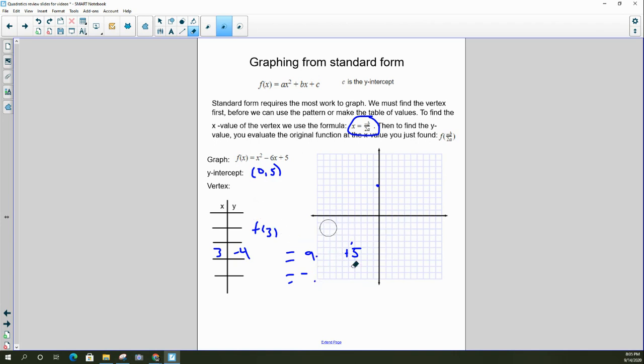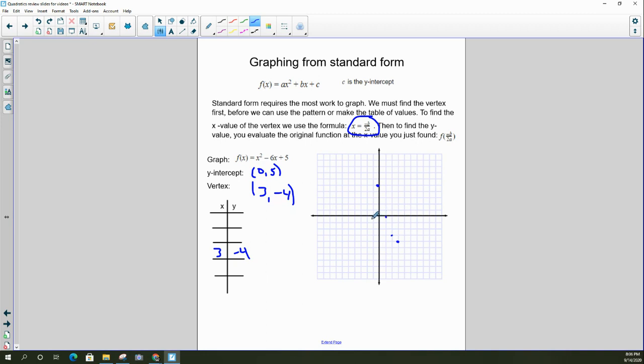I'll erase that, and now I can go ahead and graph it up. Again, my vertex is 3, negative 4. If I use the pattern 1, 3, 5, so 3, 1, 2, 3, negative 4, 1, 2, 3, 4, over 1, up 1, over 1, up 3.